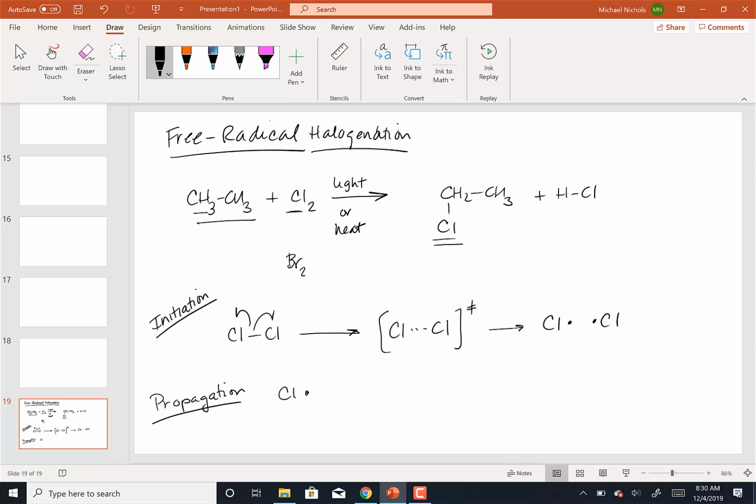My chlorine dot is going to react with a hydrogen of the ethane, in this case. So my carbon-hydrogen bond is going to break. My H dot is going to pair up with my Cl dot, and the other unpaired electron in the CH bond will go to the CH2. We'll go to that carbon.